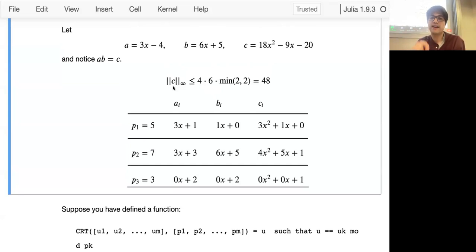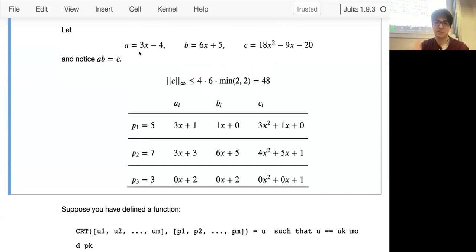So I know that the height of C is no bigger than 48, which means in our Chinese remainder theorem strategy that the product of primes has to be greater than 48 in order for us to say that the result is actually giving us the result over the integers writ large, not just finitely many of them.